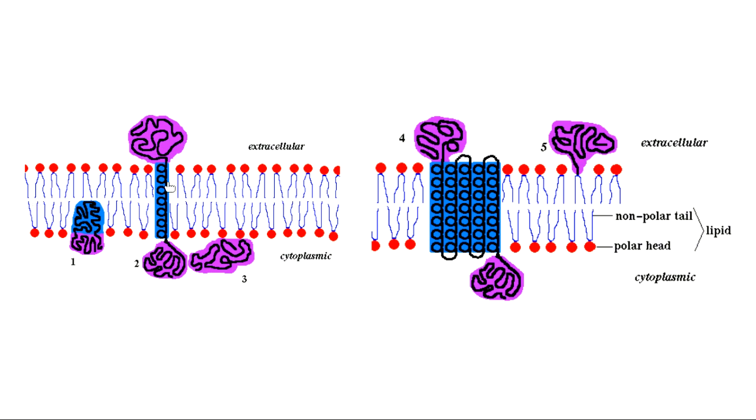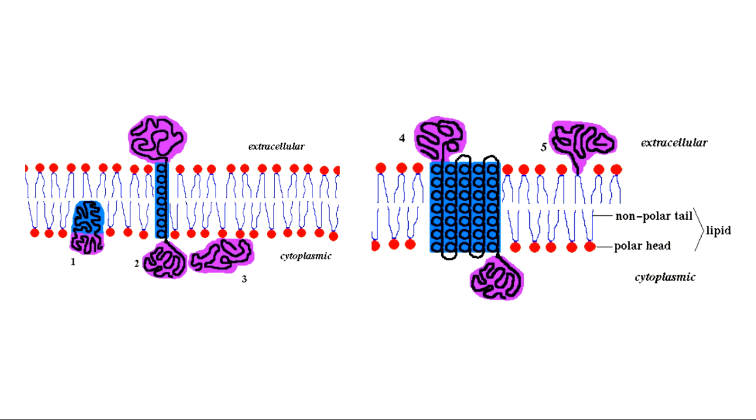These blue parts of my proteins, and I'm seeing a bunch of different shapes of proteins, are touching those lipid tails in the middle of my membrane. When I talk about the lipid tails, here's our options that we just saw.